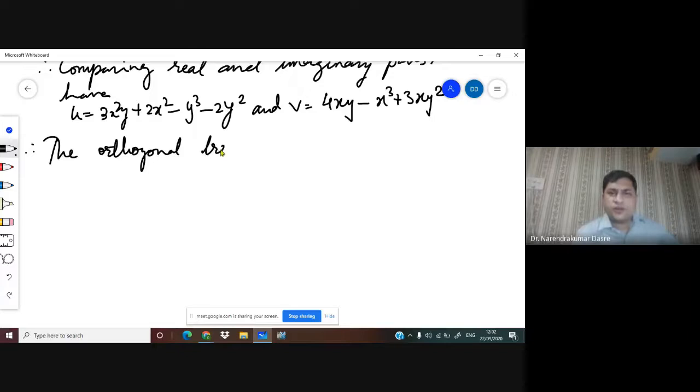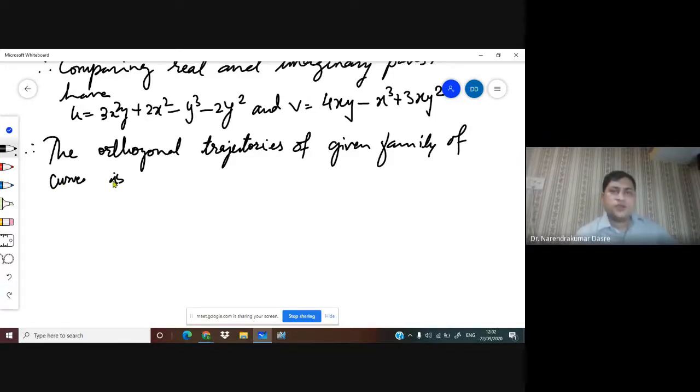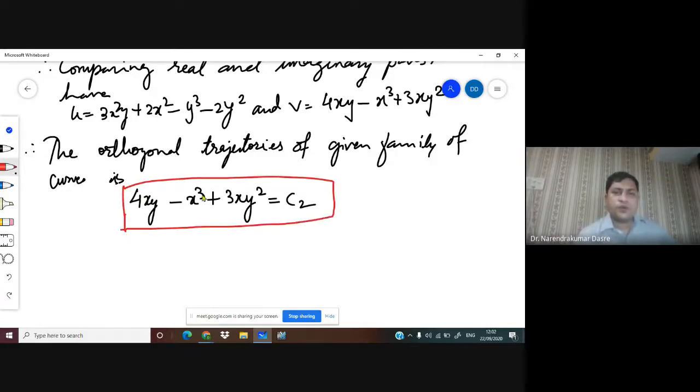So the orthogonal trajectories of the given family of curves is, what we have here, 4xy minus x cube plus 3xy square is equal to C2, where C2 is a constant.